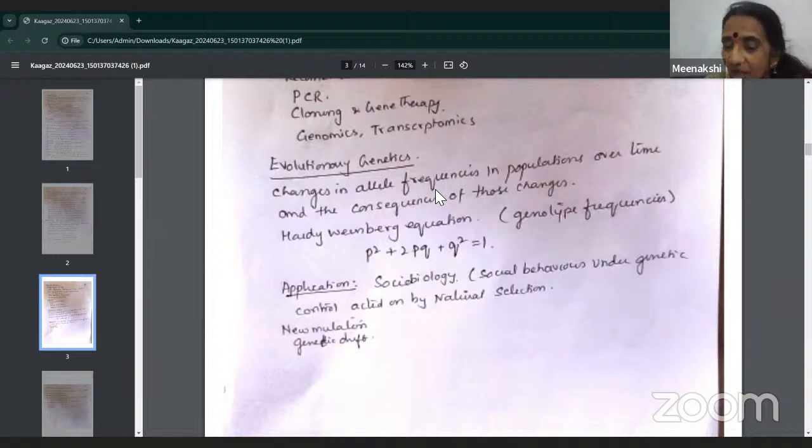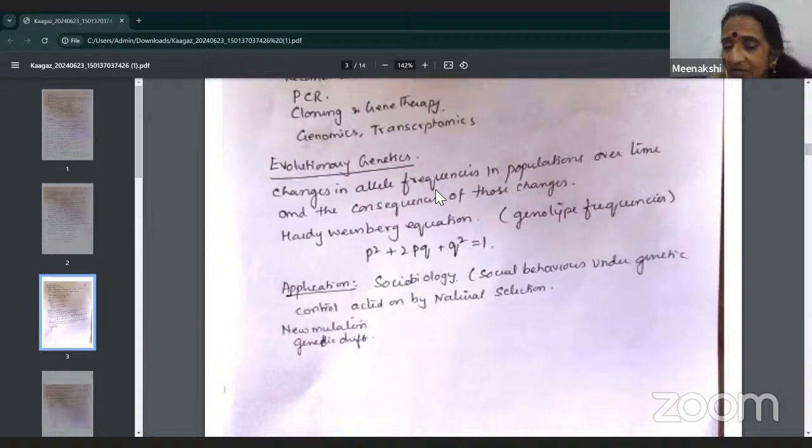That frequency study has been given by the Hardy-Weinberg equation, which says p square plus 2pq plus q square is equal to 1. So this equation, the Hardy-Weinberg equation, gives us genotypic frequency. That means in a population, what is the number of individuals which has come from USA?